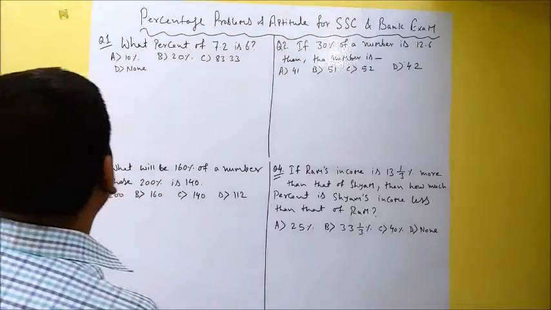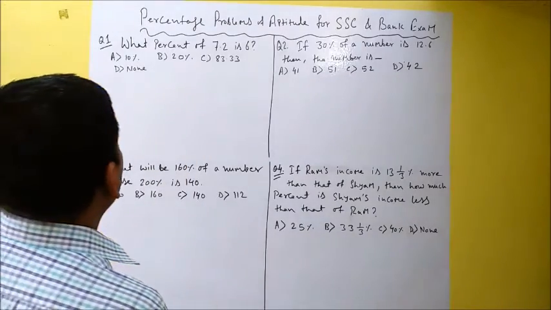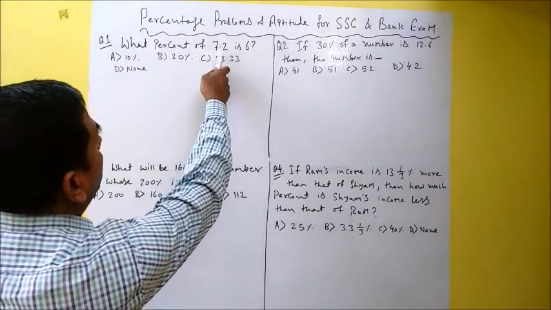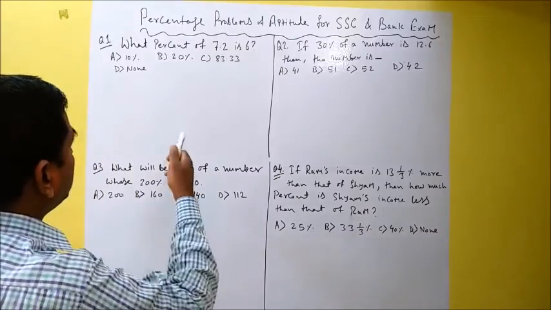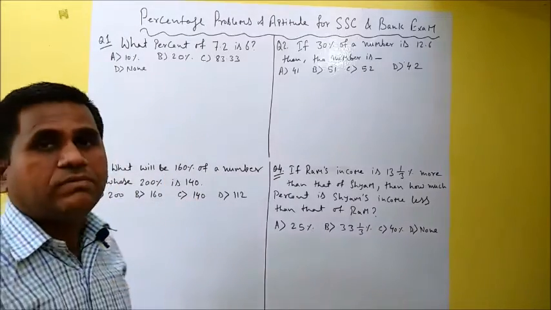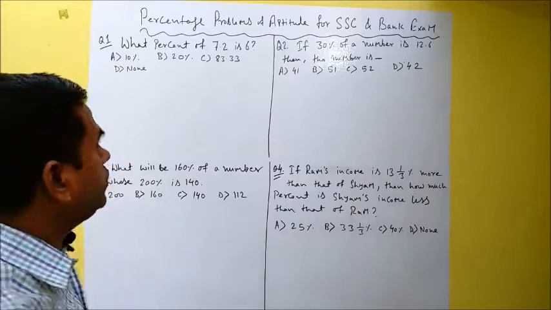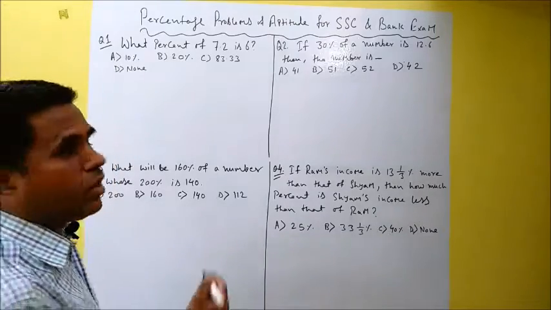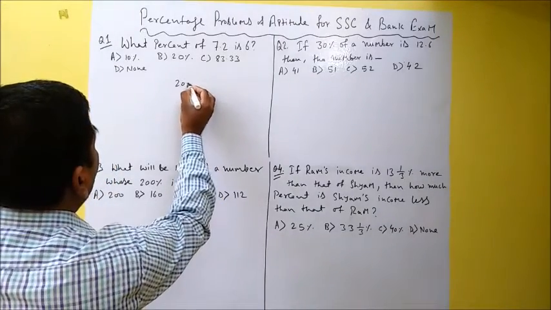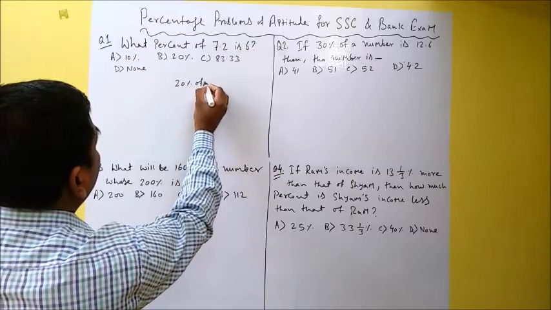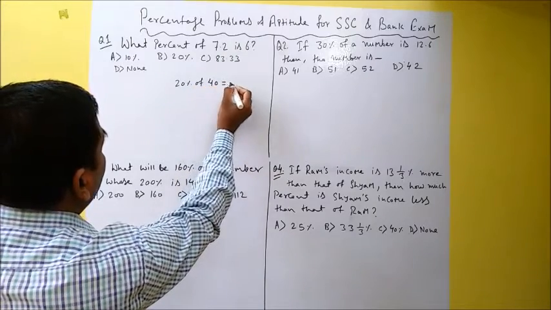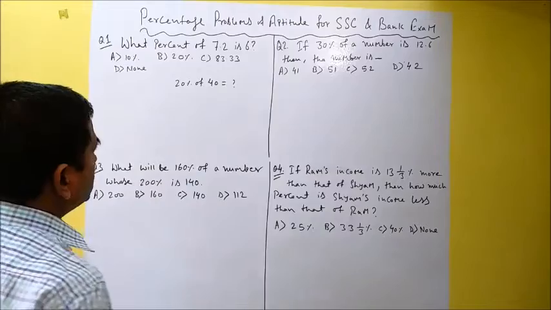So how to calculate this? What percent of 7.2 is 6? If you have seen my previous video, we have solved many problems wherein it says, let's say, 20% of 40 is equal to, and we have to find the answer.